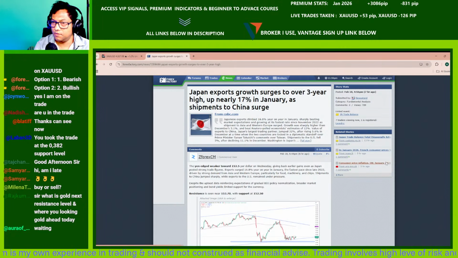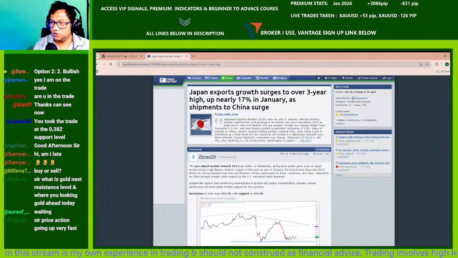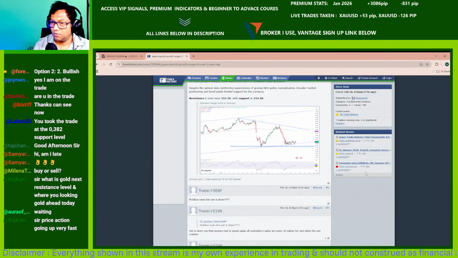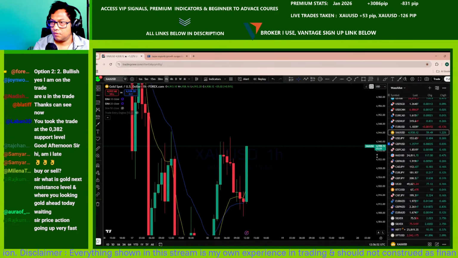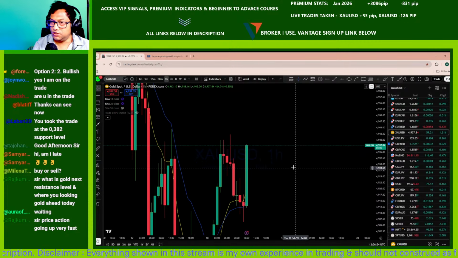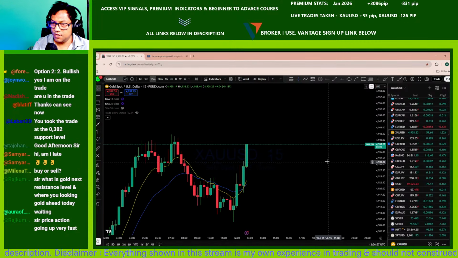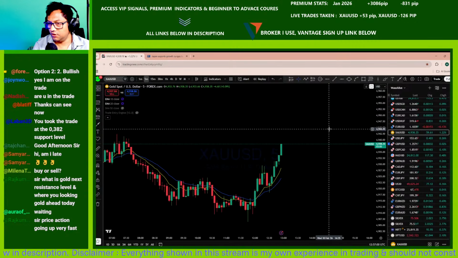So there's some news we can also look at for USDJPY. Japan exports growth surges to over 3 years high. So here the market is pushing that level.